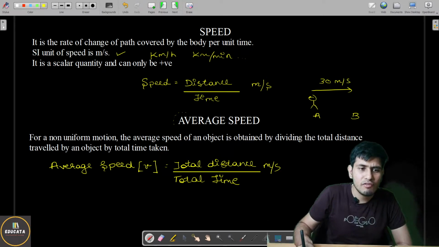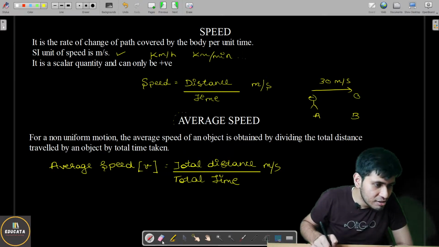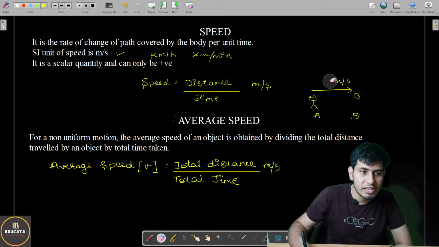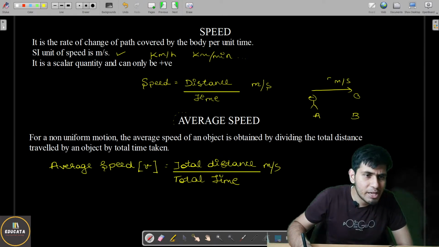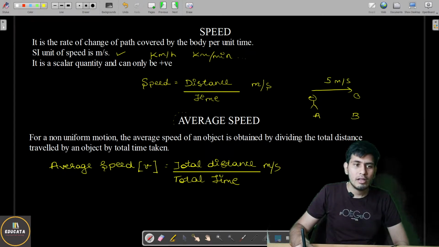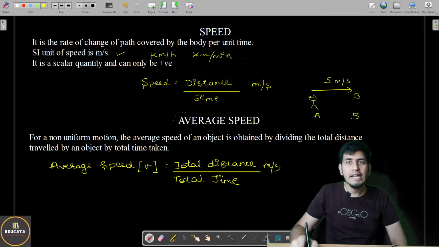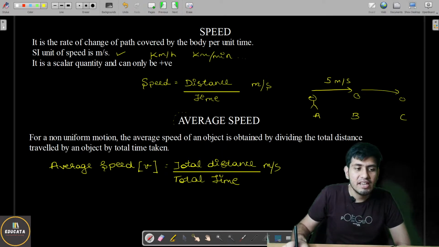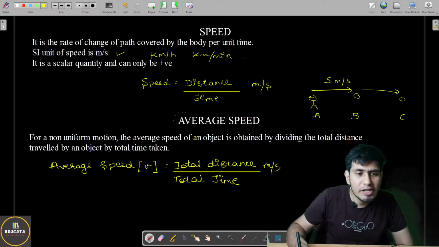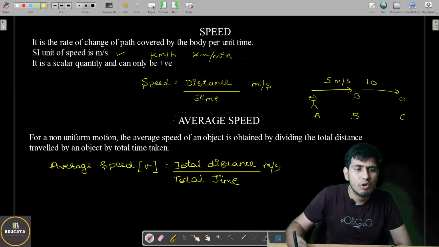Okay, 30 meter per second is a huge quantity if you convert it into kilometer per hour, so we can just consider it as 5 meter per second. So this person is moving from point A to point B with a speed of 5 meter per second, and from B to C this person is moving with a speed of, you can consider, 10 meter per second. Okay, this is also a huge quantity, but we can consider it.